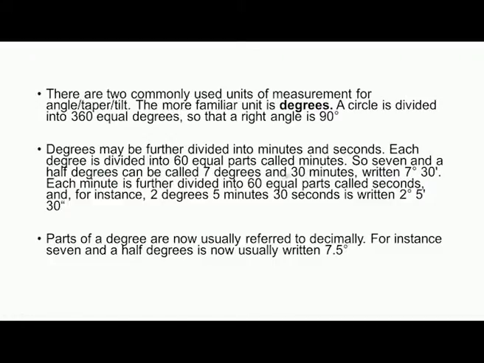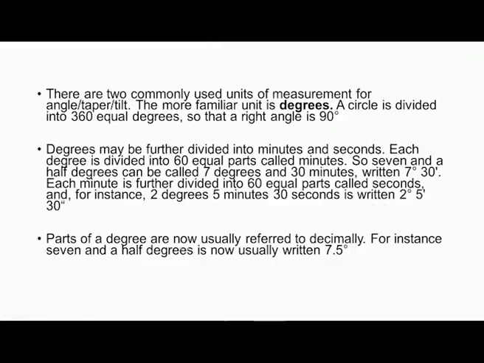So, 7½ degrees can be called 7 degrees 30 minutes. Each minute is further divided into 60 equal parts, and each small part is called 1 second. So, for instance, 2 degrees 5 minutes and 30 seconds is written as shown here.